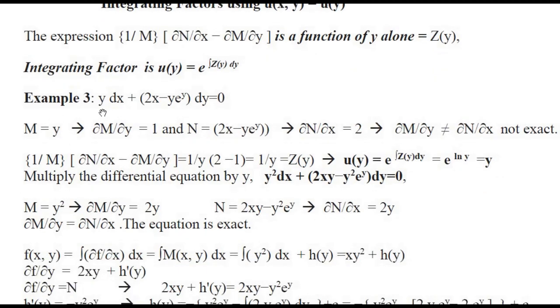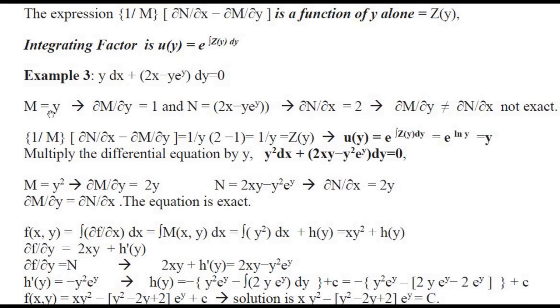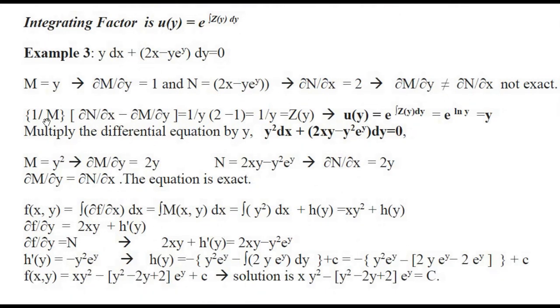Now example 3: y dx + (2x − y e^y) dy equal to 0. What is M? y. And ∂M/∂y is 1, and N is this one, and ∂N/∂x is 2. These two are not equal, therefore as such this is not exact. So we shall try to make it exact.